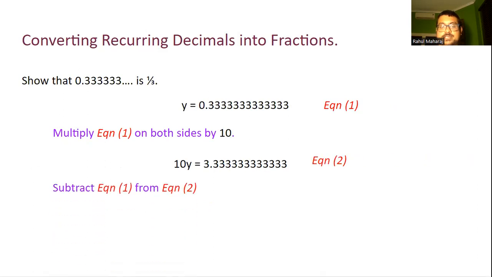We then take our equation 1 and we subtract it from equation 2 to get 9y is equal to 3. And if you divide both sides by 9, you will get y on its own, and y is equal to 3 over 9, which is 1 over 3, thus proving that 0.3333 recurring is 1 over 3.